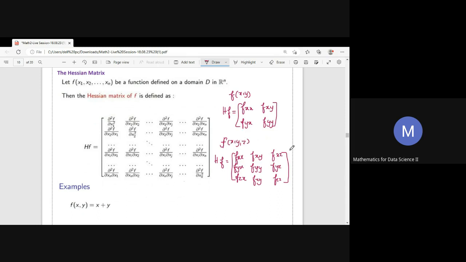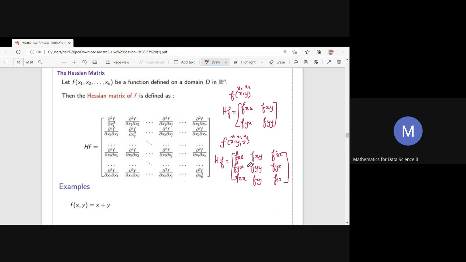As you keep on increasing the number of variables, the number of rows and columns are going to increase accordingly. Here this is your x1, x2; here it is x1, x2, x3. So as the number of variables increases, you know what to do.